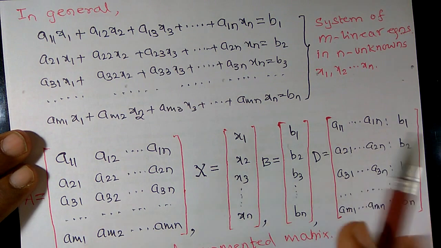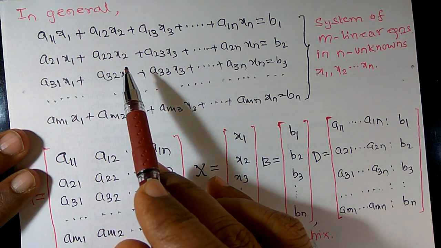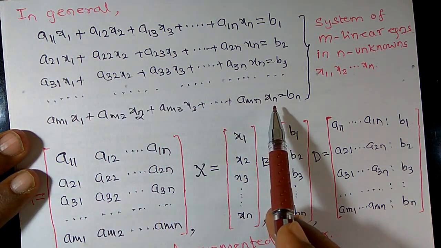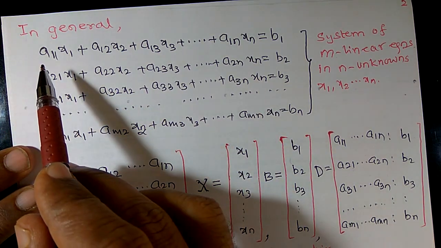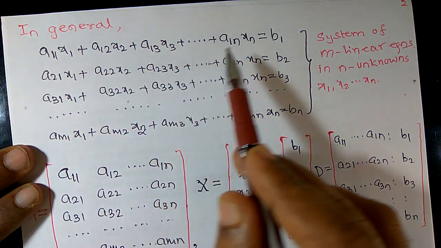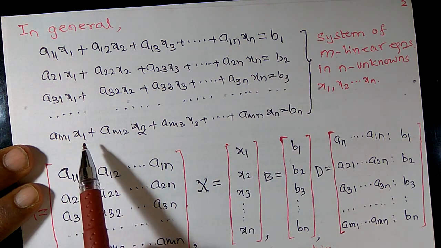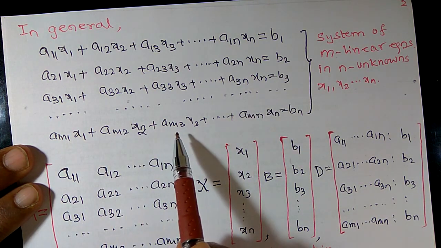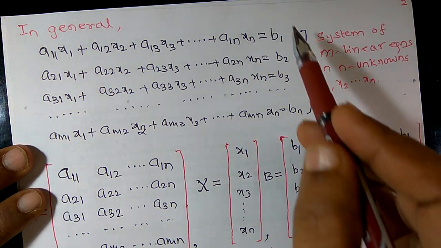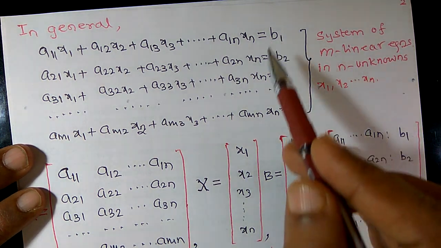In general, they may give m linear equations in n unknowns, namely x1, x2, x3 and so on up to xn. So the given equations may be in this form: a11 x1 plus a12 x2 plus a13 x3 and so on up to a1n xn is equal to b1, and so on, up to am1 x1 plus am2 x2 plus am3 x3 and so on up to amn xn is equal to bm. Here the right hand side sometimes may be equal to 0 or may not be equal to 0.